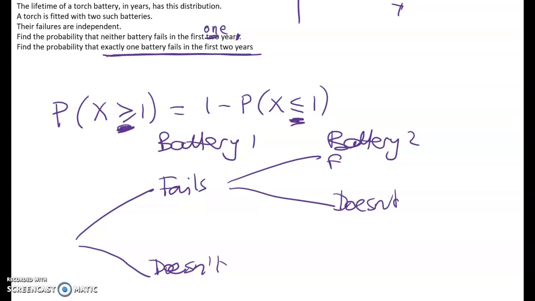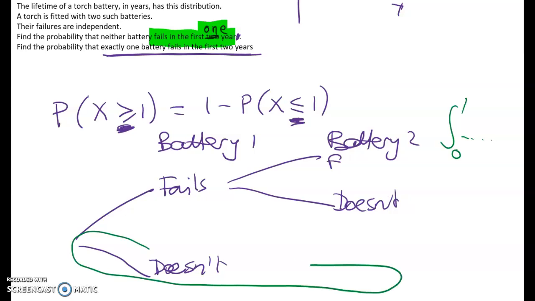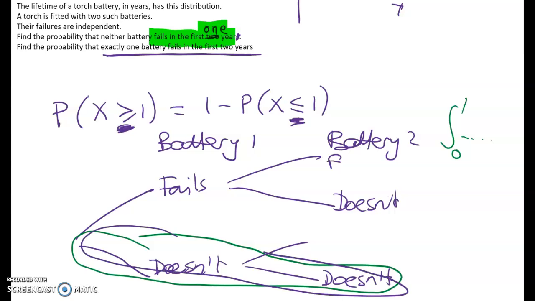For the first question, we're looking at the probability of failure in the first 1 year, so that's going to be the integral from 0 to 1. If we want neither battery failing, then we want this path of the tree. I'm going to go through this more slowly in a second, but this is to start you off. We want the first battery doesn't fail times the probability that the second battery doesn't fail. This is easy because those two things are independent.